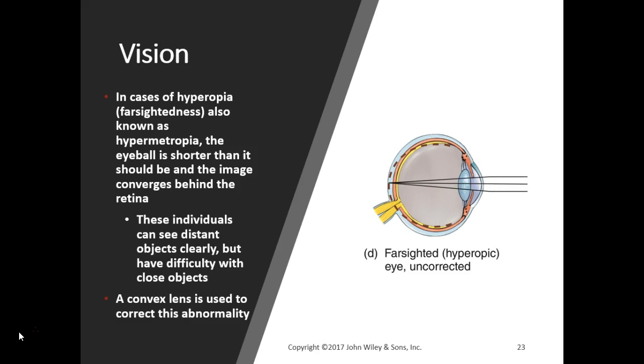People that are hyperopic can see distant things clearly, but not things up close. This is more of what happens as you age. However, this also can be corrected using eyeglasses that have a convex lens that changes the way the light is refracted.